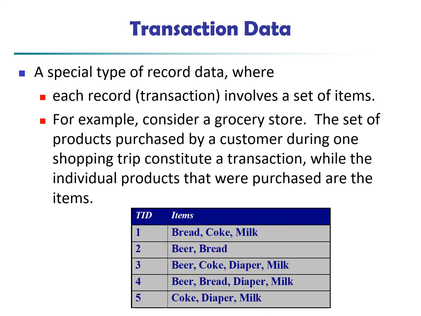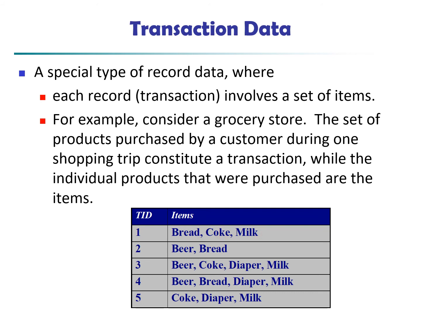We can also have transaction data, which is also a special type of record data. Each row represents a transaction, and this is an example of a transaction about purchases. For transaction 1, these are the items that were purchased.